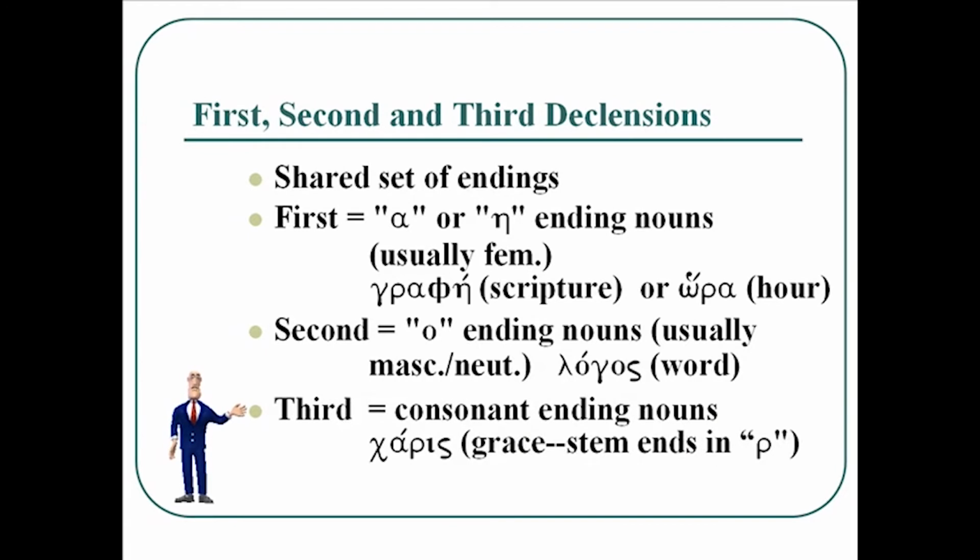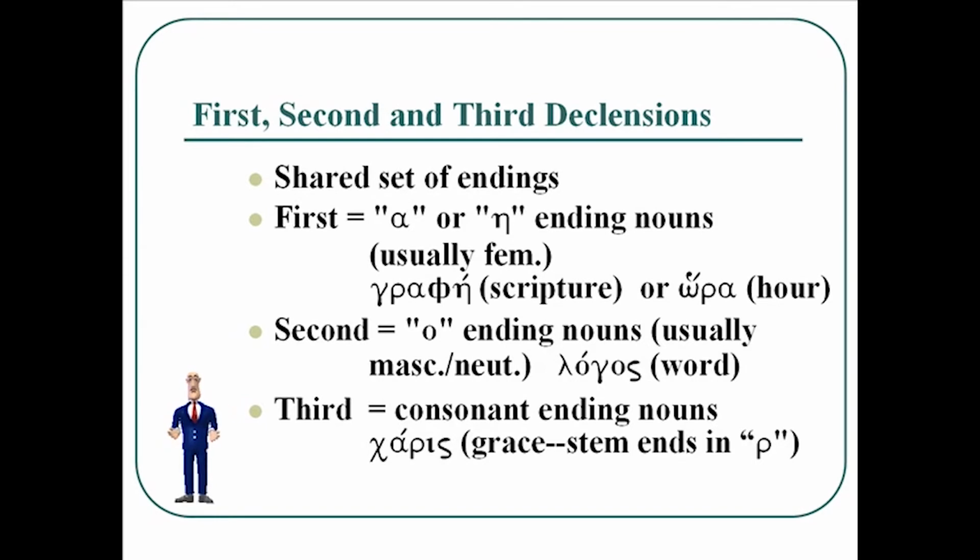Third declension nouns we'll study a little bit later, and these are consonant-ending nouns. They're nouns that end in a consonant, and their morphology or forms are a little more complicated. Charis is an example of this. The stem ends in a rho, and so the stem ends in a consonant. It's a third declension noun.